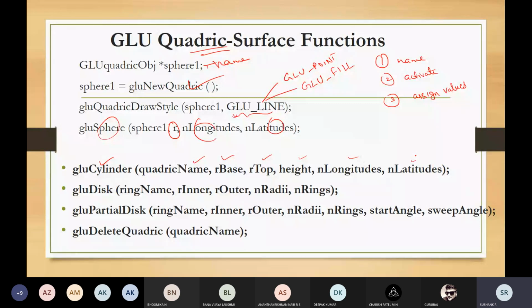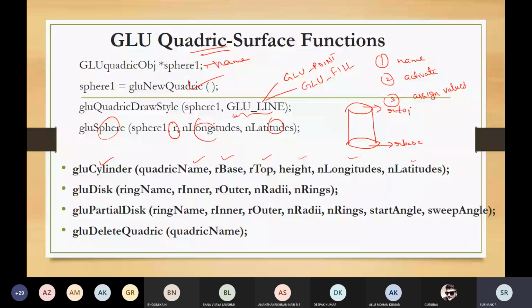This is the cylinder, no? So this will be the value of r base, and this will be r top.